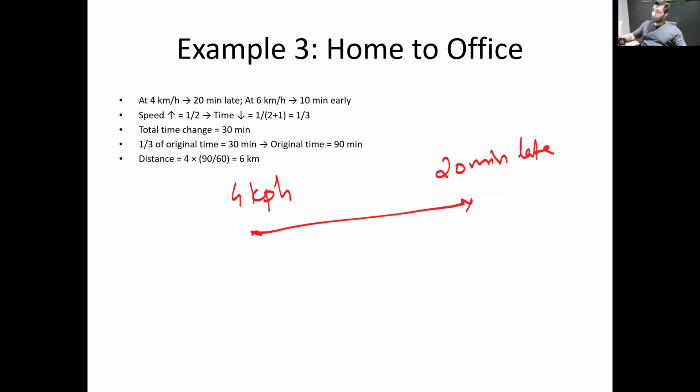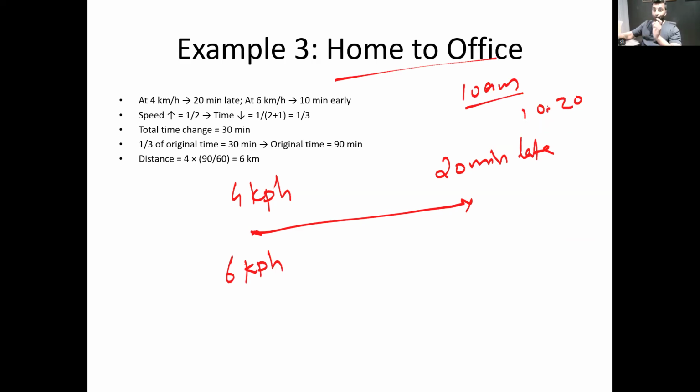When you travel at 4 km per hour, you are late. So what do you do? You increase the speed, right? Suppose you are going from home to office. This is what is given. When you travel at 4 km per hour, you are 20 minutes late. So let's suppose you are supposed to reach at 10 o'clock. You are reaching at 10:20, that's 20 minutes late.